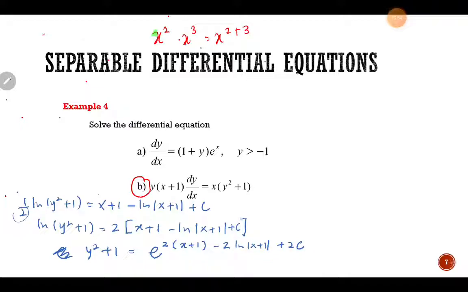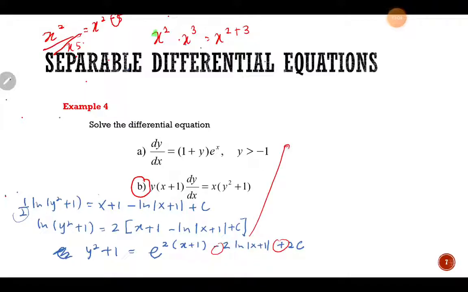Kalau dia adalah X2 over X power of 5, maknanya dia adalah X2 tolak 5 kan? Tolak sebab kalau dia bahagi. So sekarang ni kita ada tolak dan kita ada tambah.